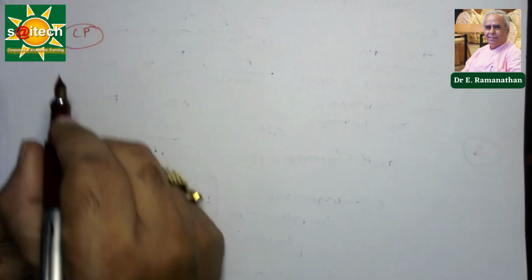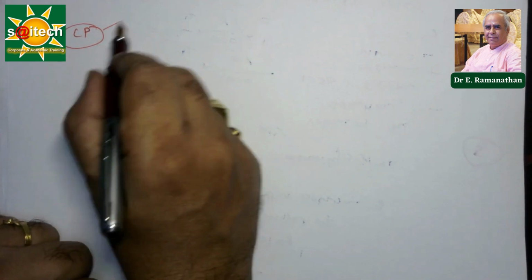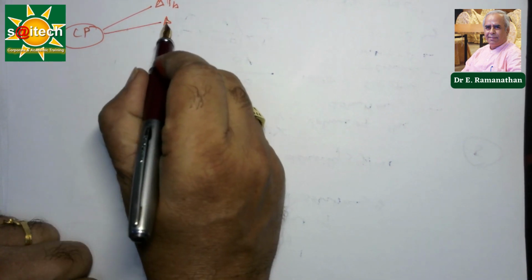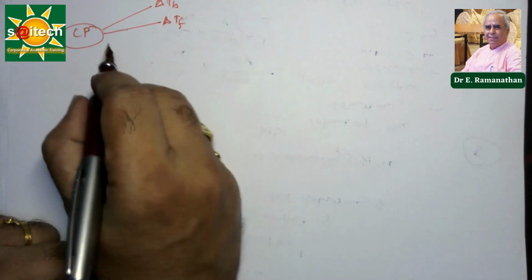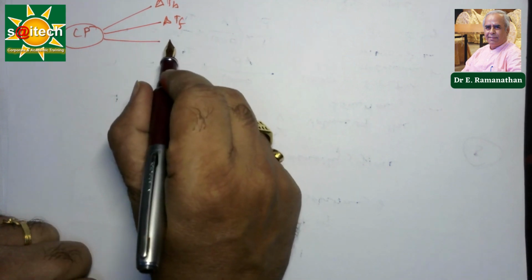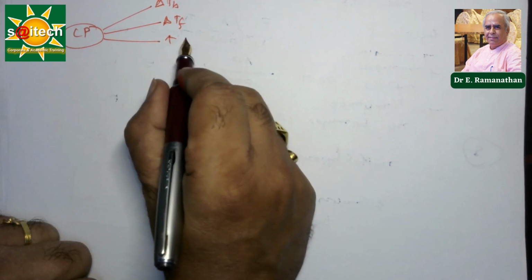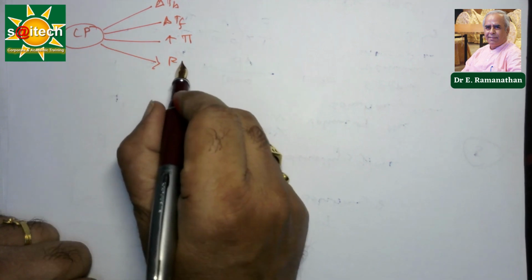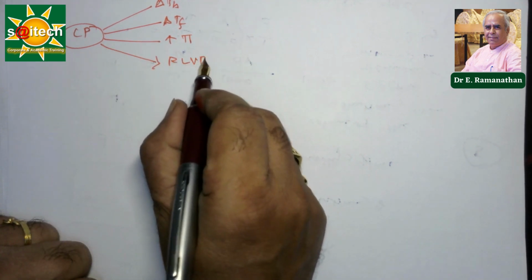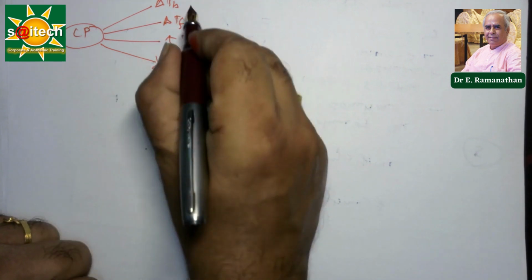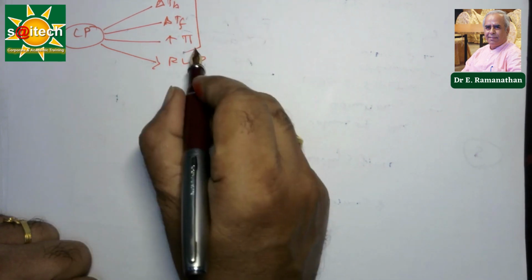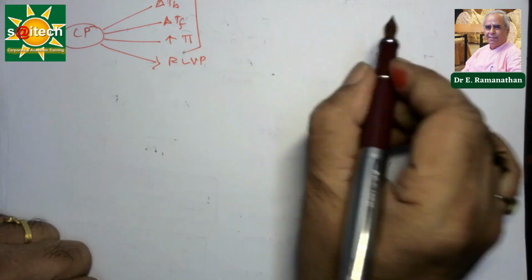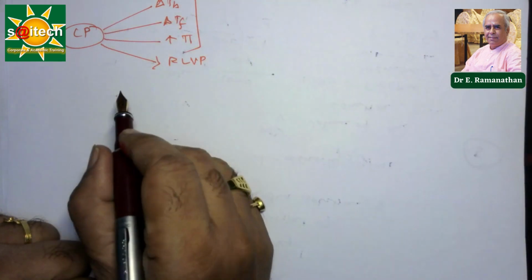Colligative properties are elevation of boiling point, depression of freezing point, increase of osmotic pressure, and relative lowering of vapor pressure. All of these properties are useful in determining the molar mass. So that is the general statement.